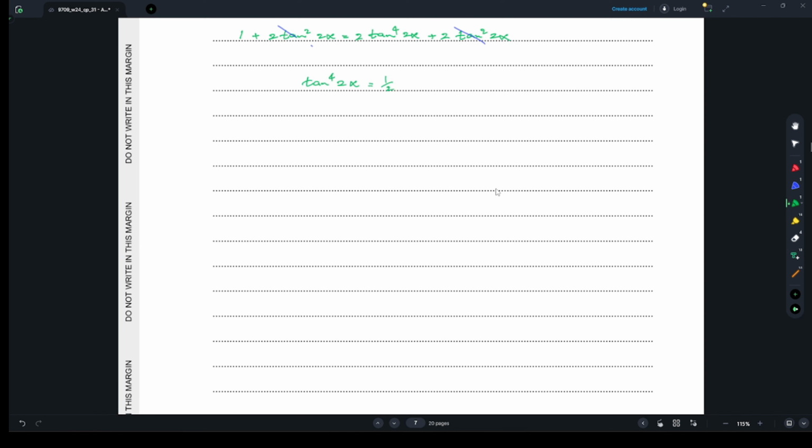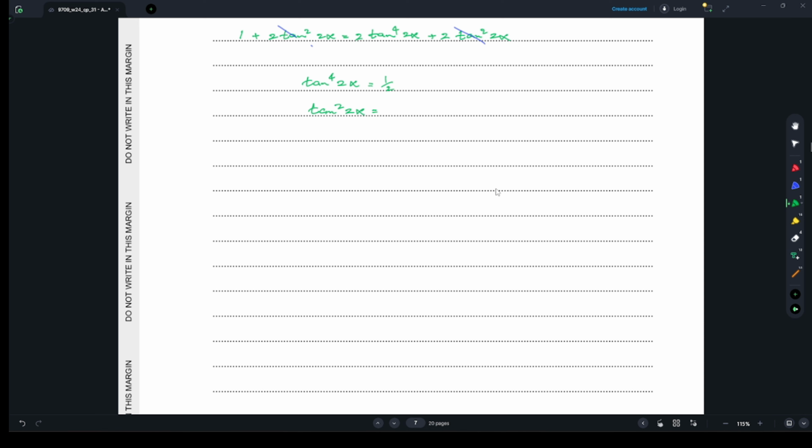Okay, and then from that one I can write, so I will bring 1 square to the other side. So then in general it will be plus or minus root, right? But here if I bring 1 square to the other side, then I will have tan square.